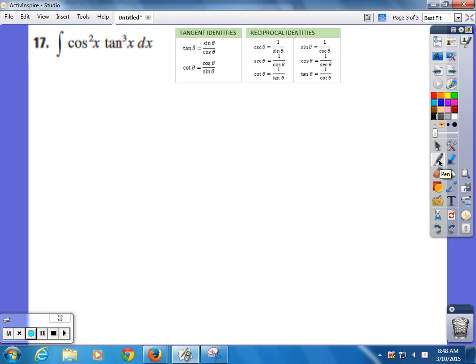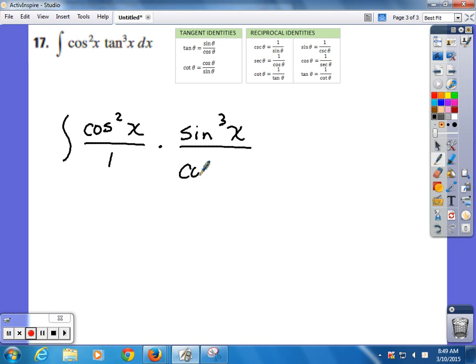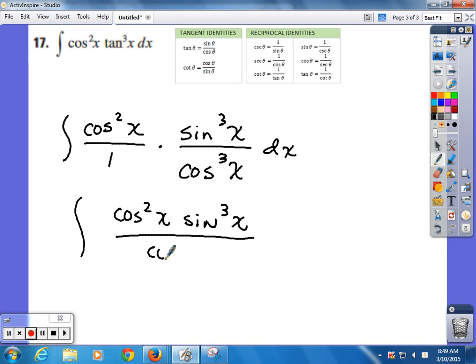So, the antiderivative of the cosine squared of x over 1 times, and we'll change that tangent to sine cubed over cosine cubed. And that's going to give us the antiderivative of cosine squared x times sine cubed x over cosine cubed x dx.